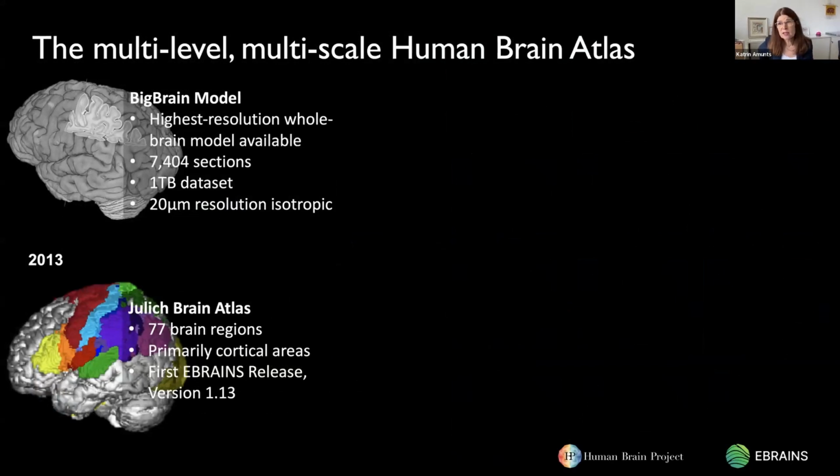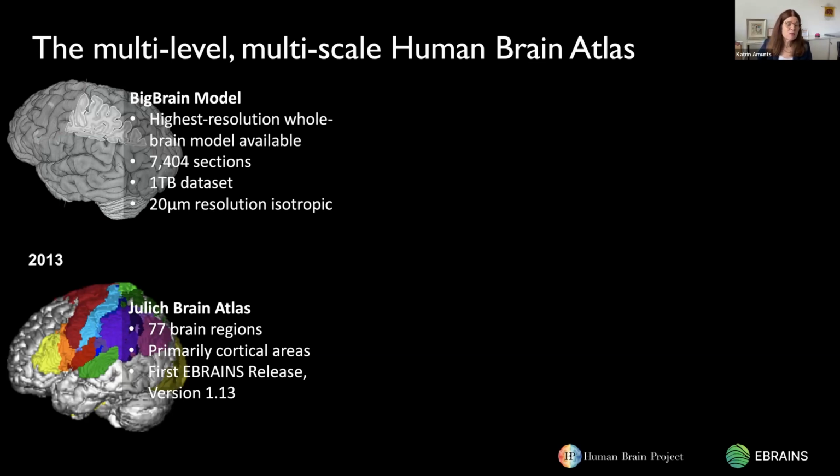So when we started the Human Brain Project in 2013, we had a so-called BigBrain model that was at that time the highest resolution whole brain model, isotropically reconstructed from 7,404 sections. We introduced this reference in order to be even closer to the cellular architecture.